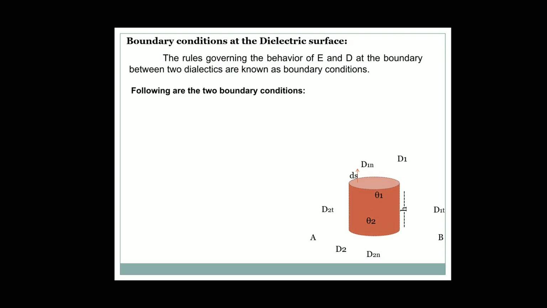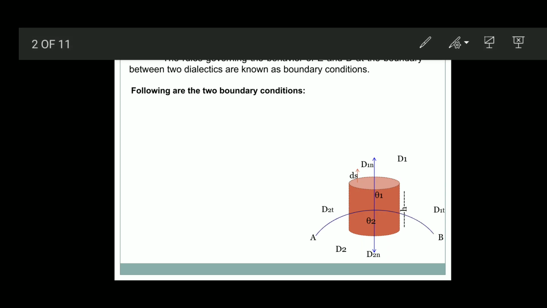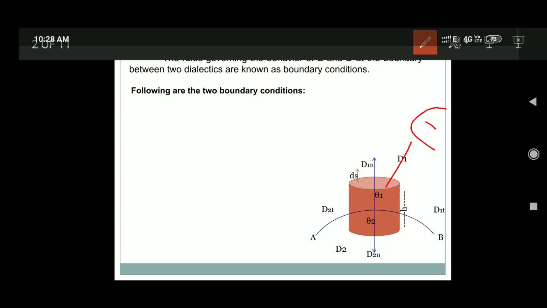To explain the relation between the displacements and the relation between the components of the intensity of electric field, we use this diagram. This is the cylindrical surface we are seeing here, which is a combination of two dielectrics. AB is the boundary which separates the two dielectrics. This is the first dielectric, this is the second dielectric.